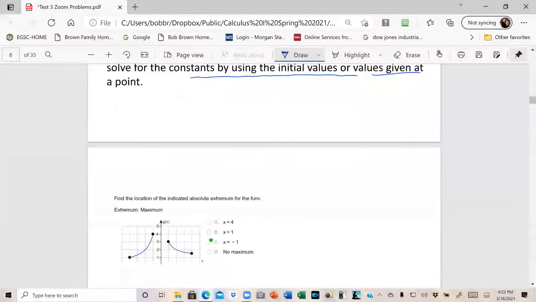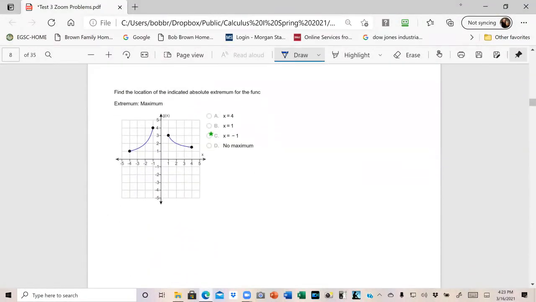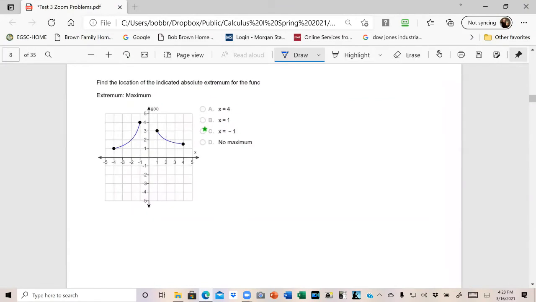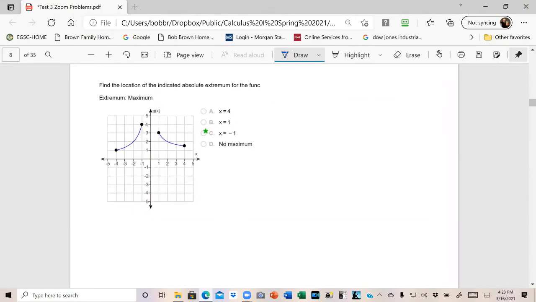Now, getting into some problems, some of them you can just look at and get the answer just visually. Here you want to find the maximum extremum of this function that you're given. Notice it's not a continuous function, but just looking at it, you'll see at this point is the absolute maximum that occurs at x equal minus 1.